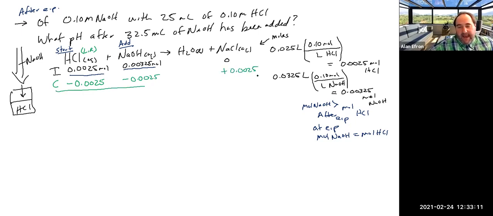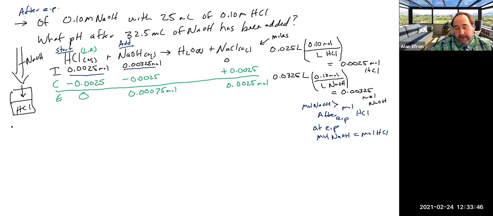That means at the equilibrium part, because we're past the equivalence point, as we would expect, we have now used up all of our moles of HCl. We are left with some moles of our sodium hydroxide here, and we're left with some moles of our sodium chloride. Any questions on the ICE table, sort of how it looks?